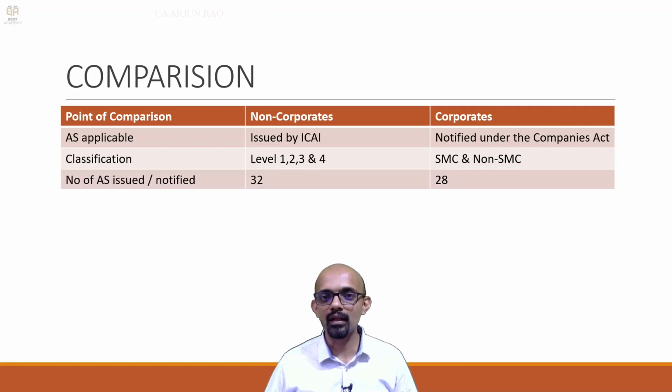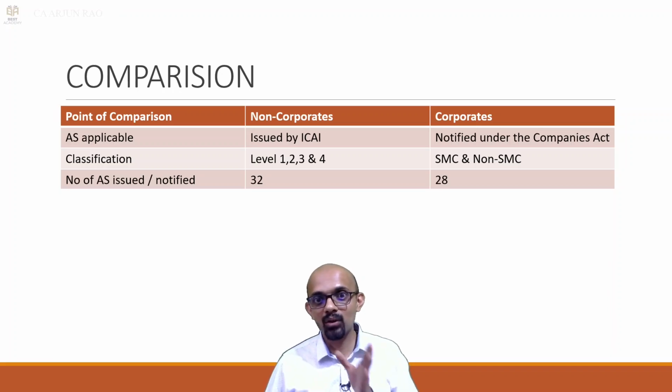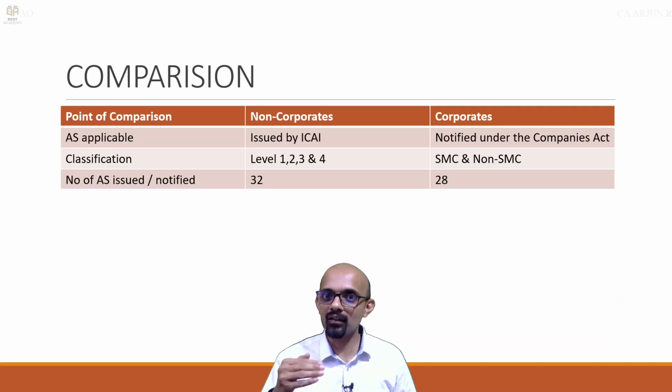So now, a new fact which we have not seen before. How many accounting standards were originally issued? ICAI started issuing accounting standards from 1977. When we look at 2006, ICAI had already issued some standards and had withdrawn a standard.